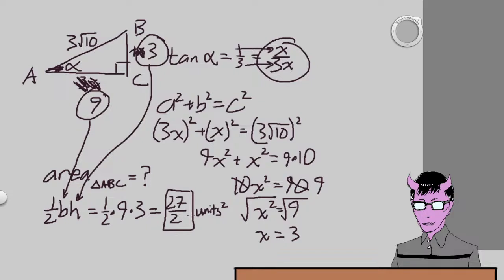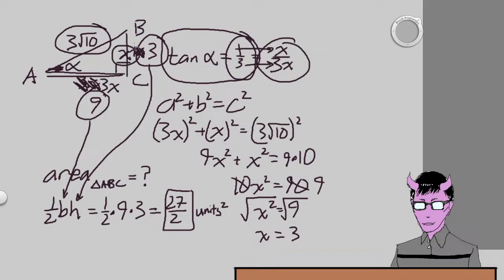Just to recap, you can skip this if you're watching the VOD, obviously. But just to recap, we started off with just this particular ratio and this particular concrete value of 3√10. From this ratio of 1 to 3, we figured out that, well, if we call this one x, then we can define this side as 3 times that of x, because this is just a reduced ratio.